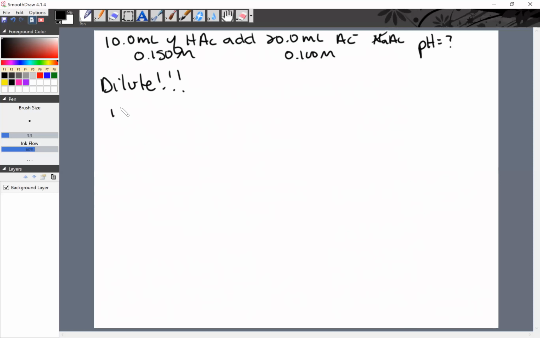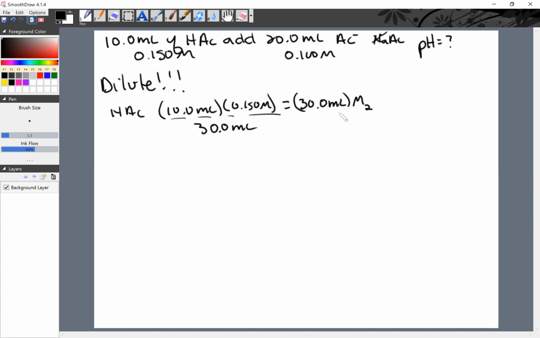So HAc would be 10 mils times 0.150 is equal to, let me see, 20 plus 10, which is 30 mils, with my new molarity. So I'm going to divide both sides by 30 mils. That part goes away.